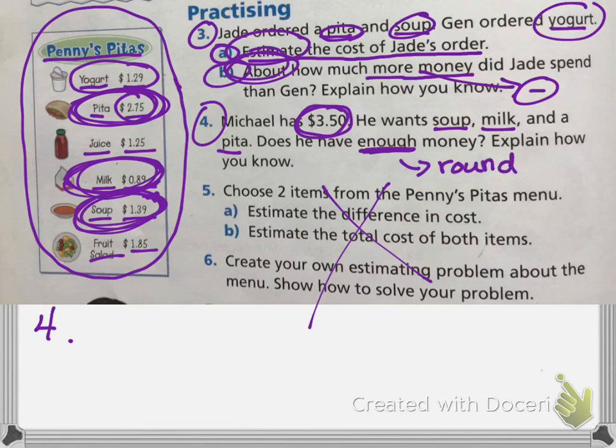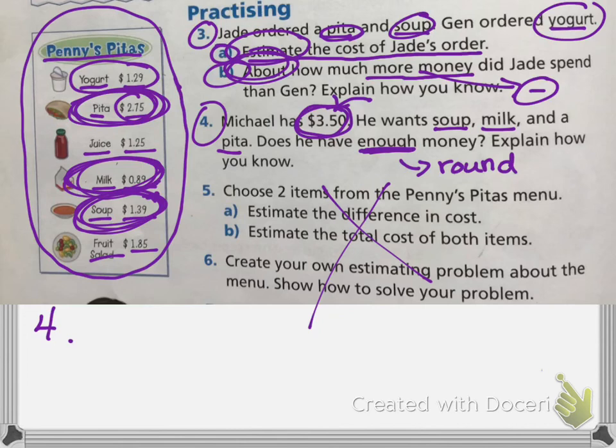It's not saying how much money would he have left over. It's not telling us that. It doesn't want an exact number. We just want to know, does he have about enough money to pay for all three of those things? So let's look at his number. His number is rounded to the dimes or the tenths. That's a hint for you when you're rounding. I'm going to tell you that there are several steps in this question, and that you have to add something and then you have to subtract something.